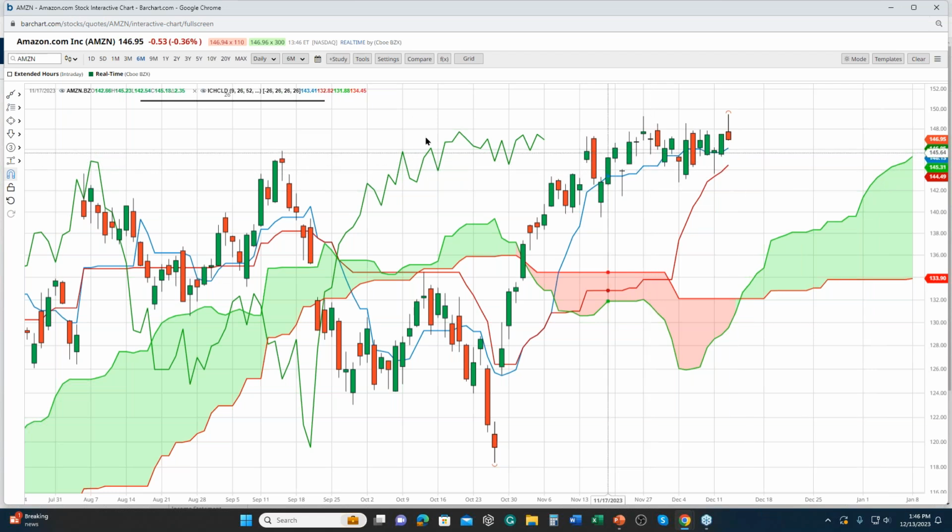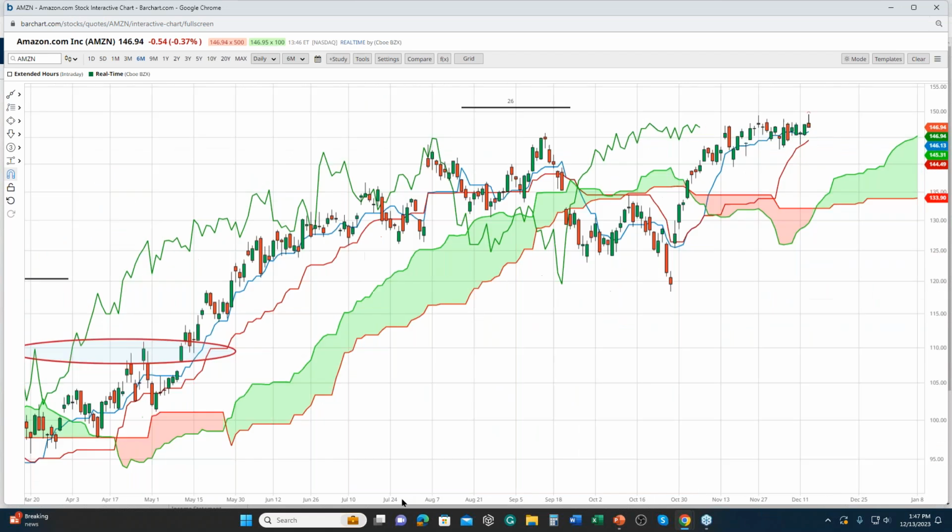If price broke below our baseline or entered into our cloud, that might be a sign that this trend is changing. Where is our lagging span? Well, our lagging span is very close to horizontal price. And if we think about vertical up and down, there's more room for momentum to the upside as long as we can break above recent peak highs.